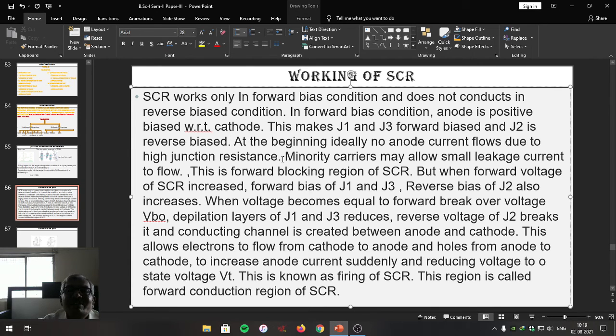Simply connecting the external battery makes J1 and J3 forward biased and J2 reverse biased, but it doesn't allow current to be conducted by the SCR. This is because of the high junction resistance. The minority carriers may allow a small leakage current to flow through the SCR.